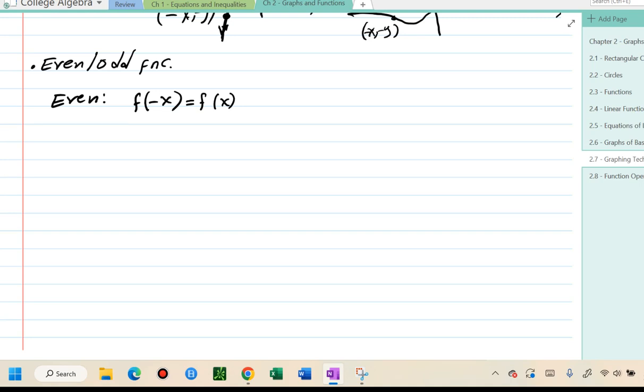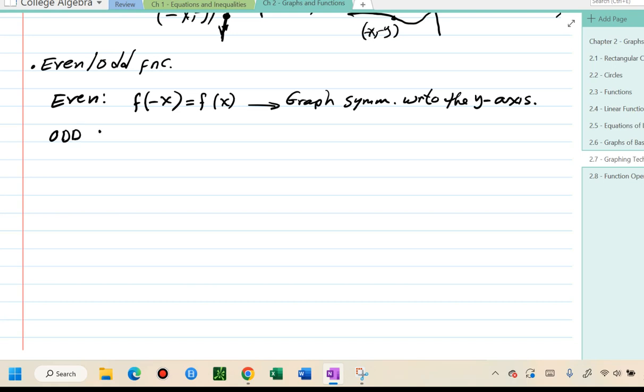That's an even function. The implication of a function in this course being even is that the graph will be symmetric with respect to the y-axis.